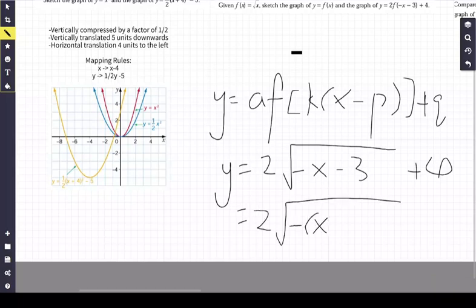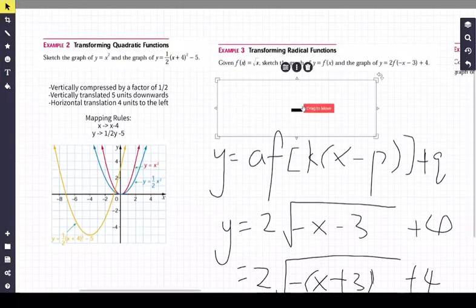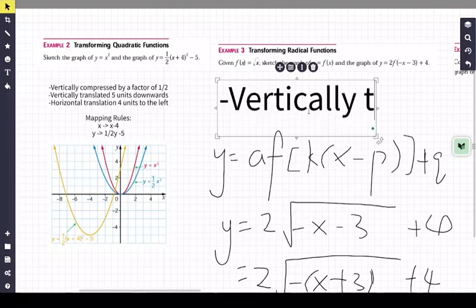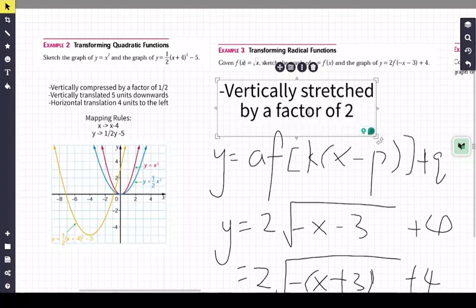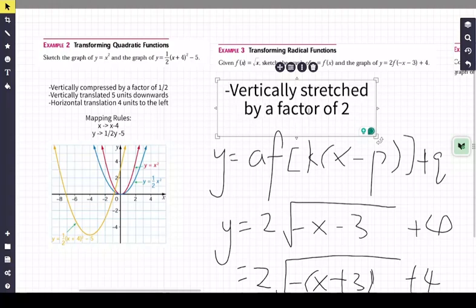So we're supposed to do this. And this is how the function actually works. If you do anything other than this, you're wrong. So now with our function, we wrote out all of our transformations. Let's describe it. Vertically stretched by a factor of 2, right? No problem. And then what else?